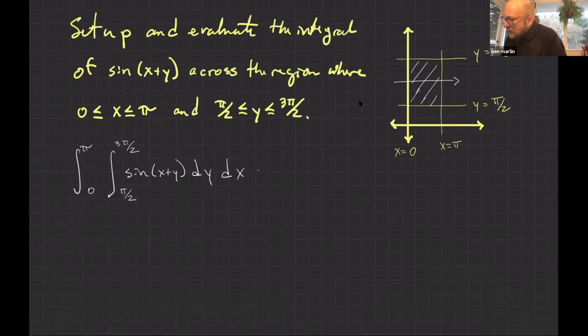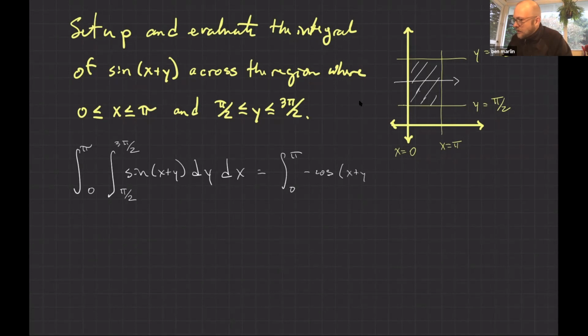And we're going to go ahead and do the evaluation. So with regards to that evaluation, we will leave the 0 to pi on the outside. We cannot factor sine of x plus y, so we have to think about just integrating sine. When you integrate sine, you get minus cosine. We would have to do a u substitution. U is x plus y. The derivative of that would have been just dy.